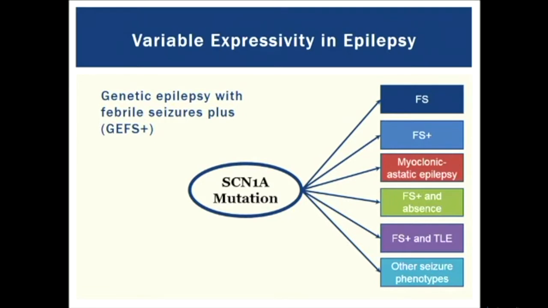In this disorder, where you look at individuals within the same family, all of whom have the same mutation in SCN1A, you see a variety of different phenotypes, ranging from typical febrile seizures that go away after age 5 or so, to a more severe phenotype called febrile seizures plus, and a whole lot of different types of epilepsy syndromes in these families.